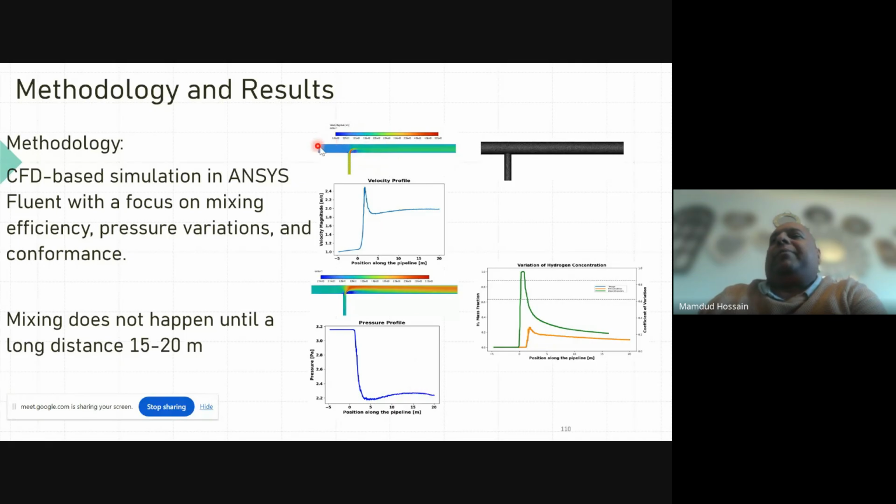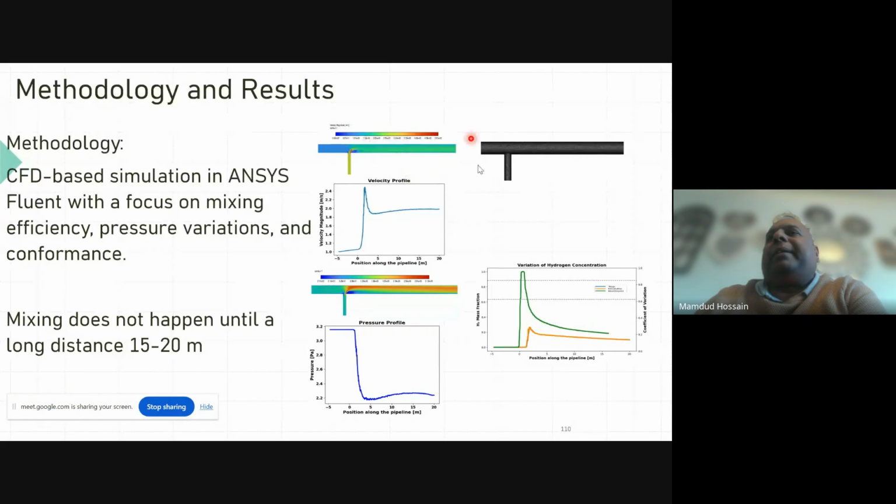Where you have a high pressure for methane, you now have low pressure after blending 20% of hydrogen into the system. So you have to think about your compressor and the distance between different compression stations and things like that.